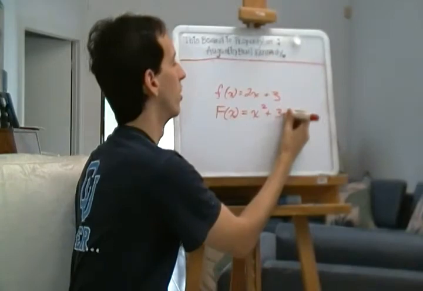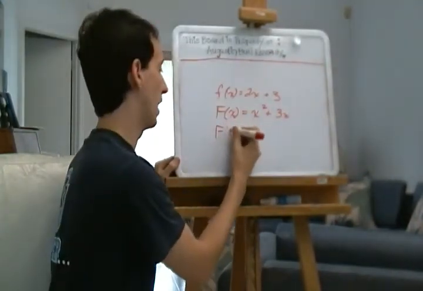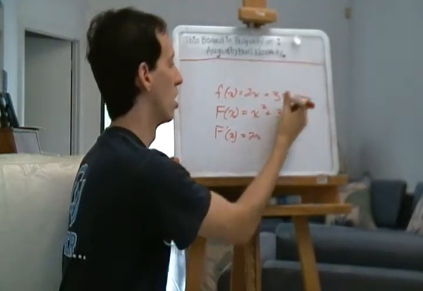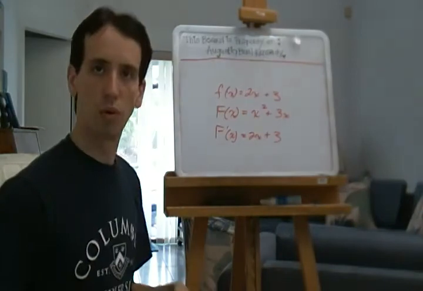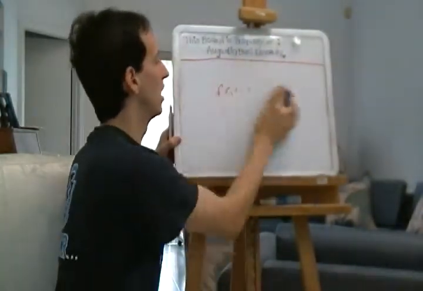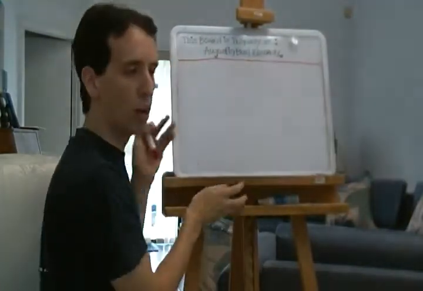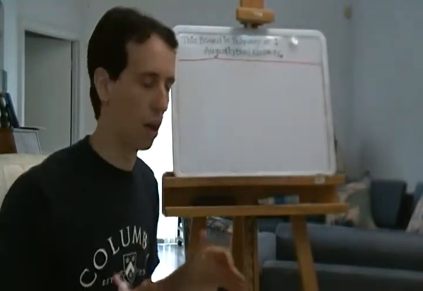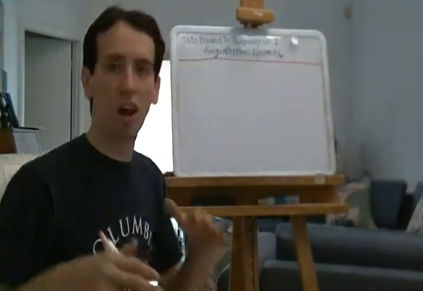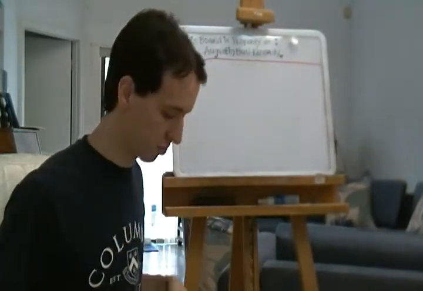So, the answer is x squared plus 3x. And you can check this: the derivative of the antiderivative is 2x plus 3. Okay? So that's the idea of antidifferentiation. It's basically taking the derivative in reverse. So remembering all of your power rules and various rules, this is a way that you can undo everything. And this is very important when we get into talking about integrals.